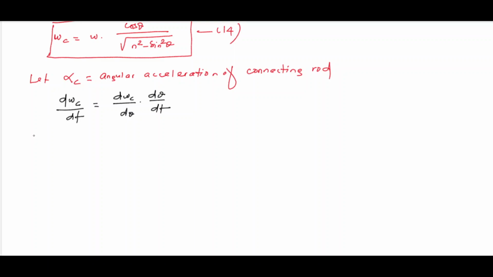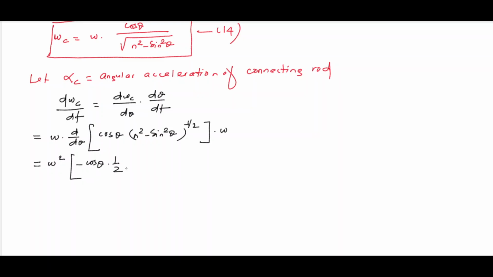Okay, so this will be equal to omega times d by d theta of cos theta into (n square minus sin square theta) to the power minus half, into omega instead of d theta by dt, or we can write this as omega square into minus cos theta into half of (n square minus sin square theta) to the power minus 3 by 2 into minus 2 sin theta cos theta.